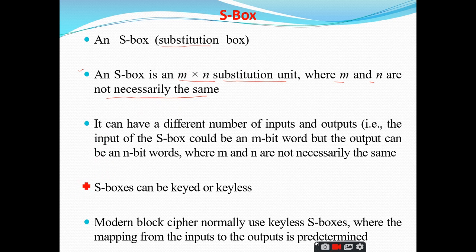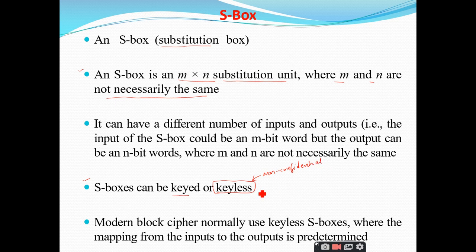Yes, sir. And similarly, the S boxes can be keyed or keyless. What do you mean by keyless cipher? In the last session we have discussed it, right? Non-confidential is not the right term.